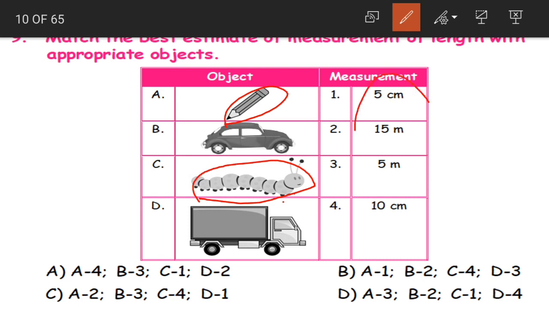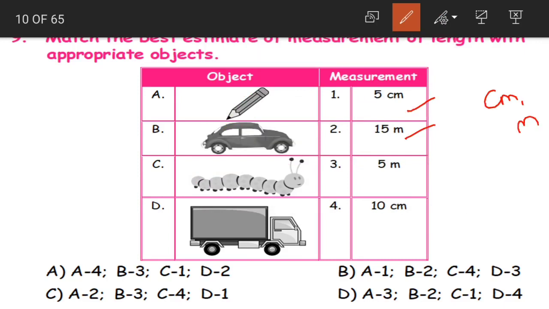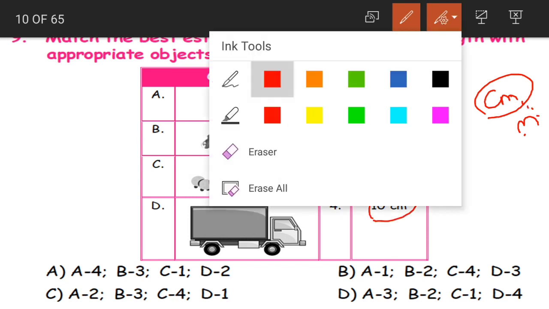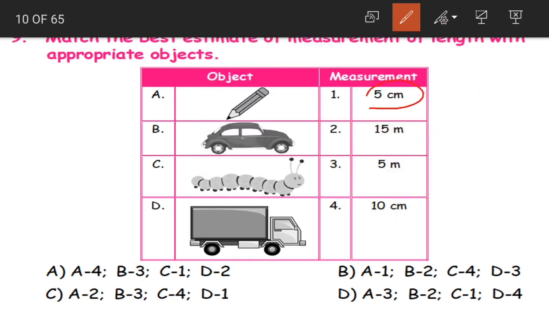Now from the given measurements, which is the smallest one? We have centimeters and meters. Now from centimeters and meters, which is the smaller one? Centimeters is the smallest. Yes. So from centimeters, we have 5 centimeters. So 5 centimeters is the smallest measurement here.